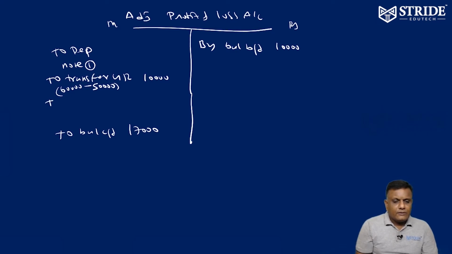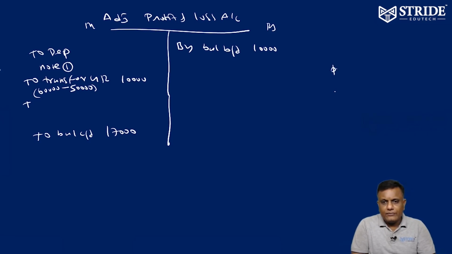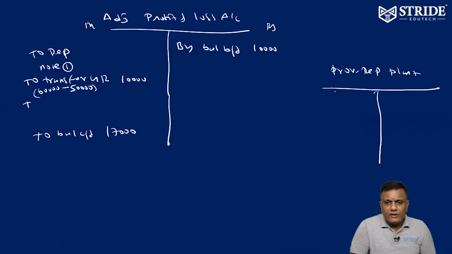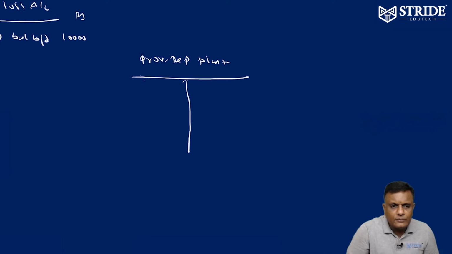Similarly, next we prepare notes and we will come back again. For notes, we can prepare provision for depreciation of plant. Whenever depreciation of plant is given, provision for depreciation is always a liability item.